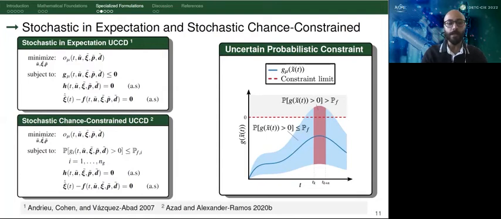In addition, notice that all of the dynamic system equality constraints and analysis type equality constraints are satisfied almost surely, or AS. That is because of the description of uncertainties that is probabilistic in this sense. On the right side, you can see an illustration associated with uncertain probabilistic constraints, and notice that the red region is referring to the areas where the constraint is violated.